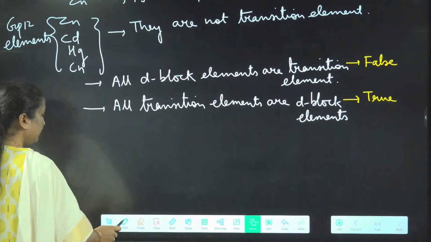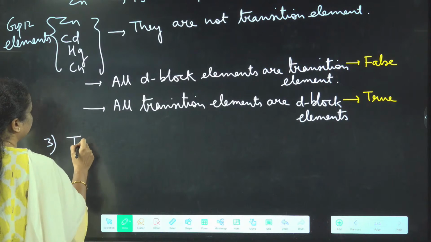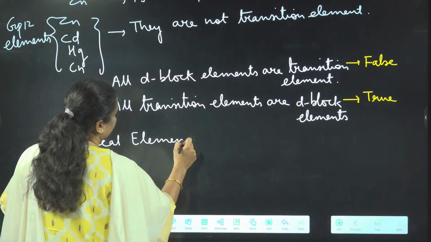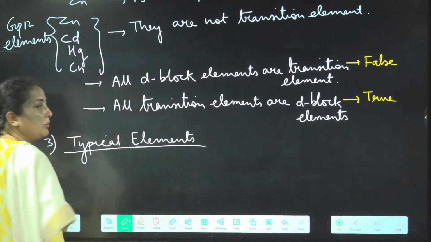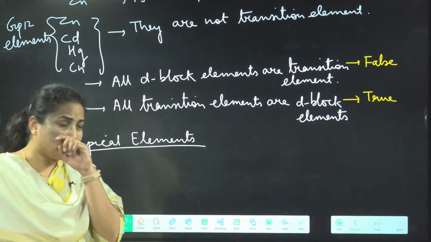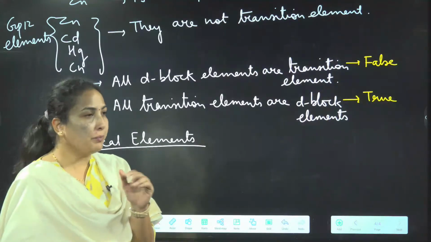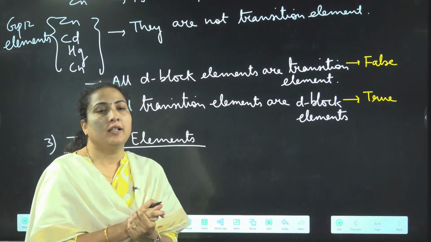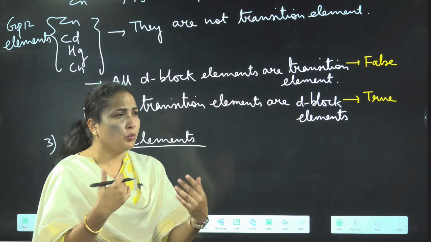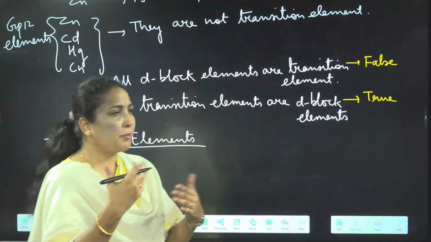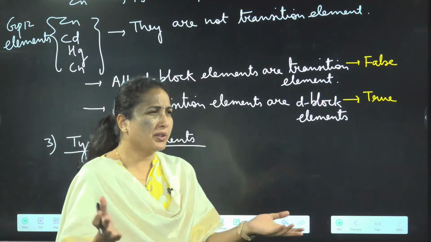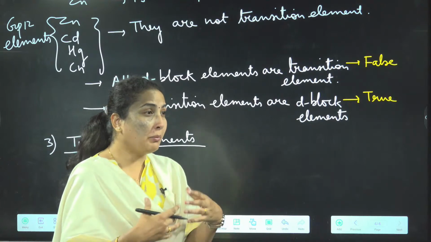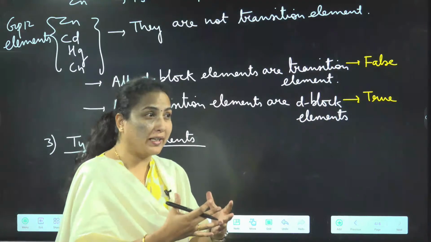Okay. Now let us go for typical elements. When I talk about typical elements, suppose there are a few people from different countries. Suppose you went to any other part of the world except India, maybe the US itself. How do you recognize anyone there? Because of their typical characteristics.